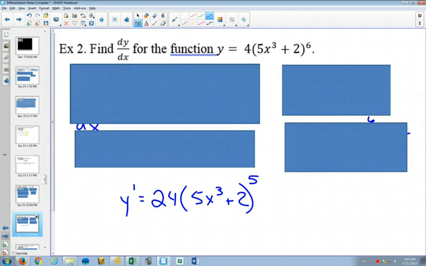Now that I've dealt with that, I look inside of it. What's the function that I have inside? 5x cubed plus 2. Can I take the derivative of that? Yes. It's just 15x squared.